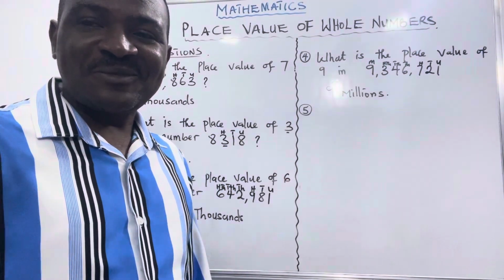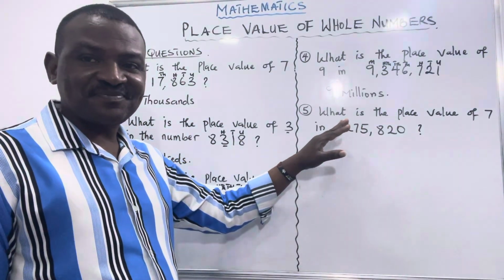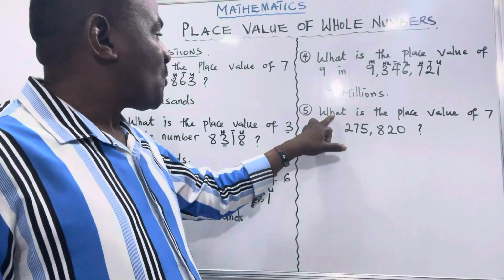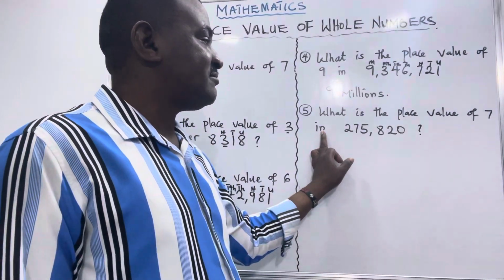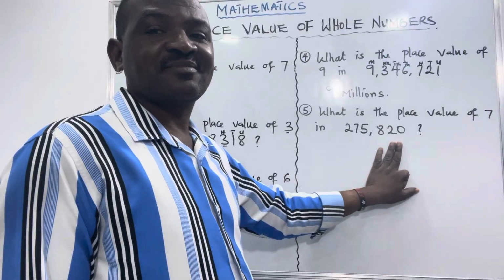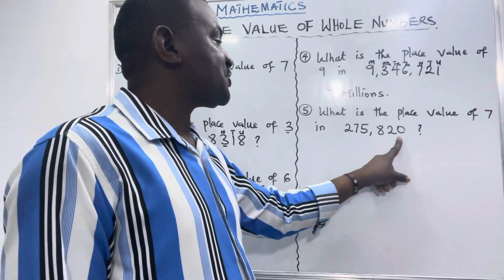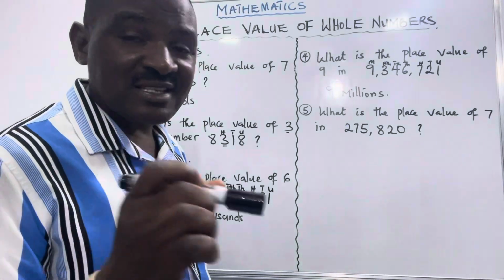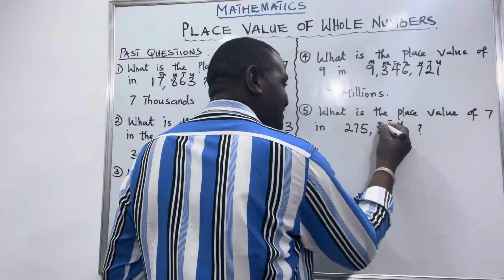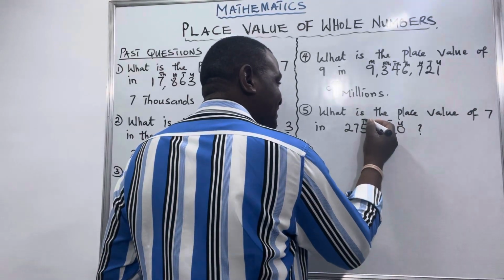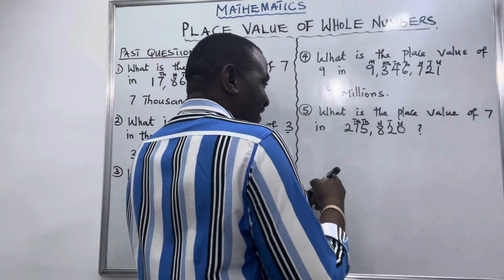Then the last question before we call it a day for today. The question says, what is the place value of 7 in 275,820? Take your pencil, put here units, tens, 100, 1,000, 10,000.